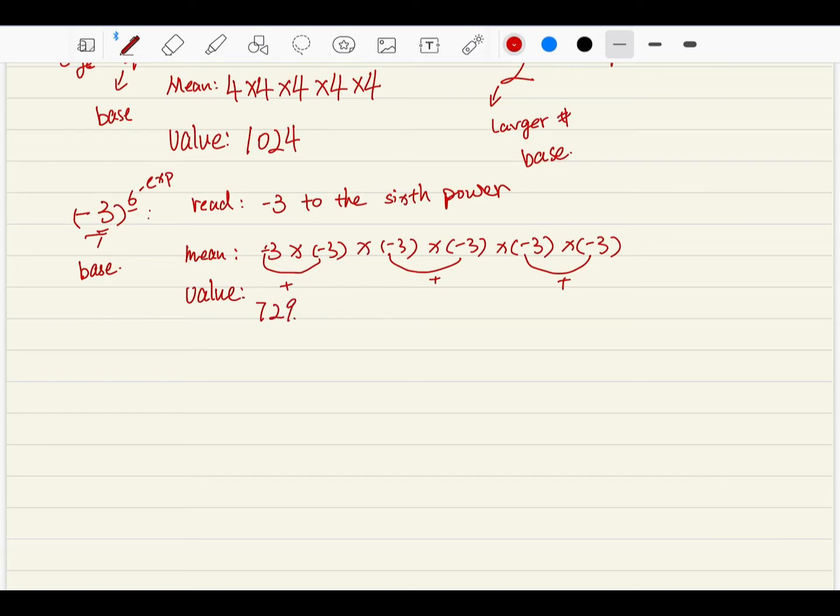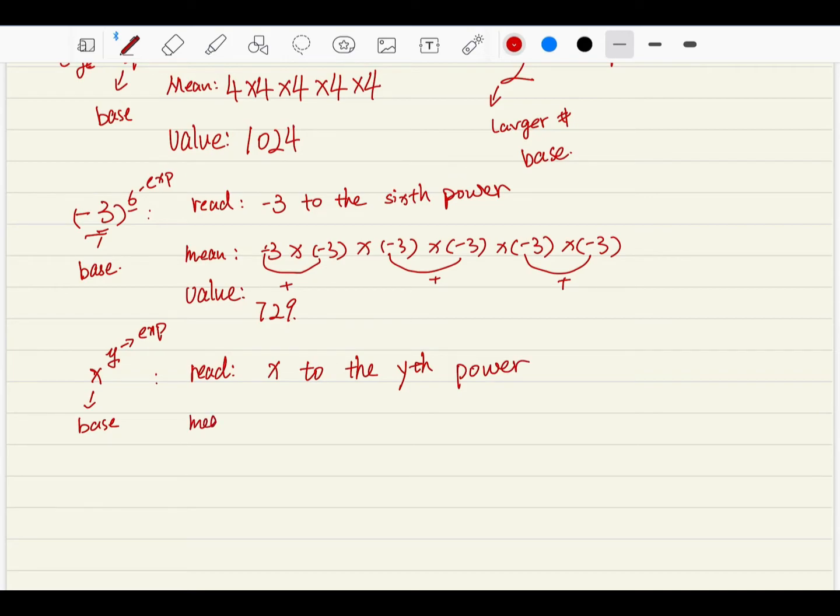And another example: x to the power of y. Now y is the exponent and x is the base. To read it, this is x to the y power.